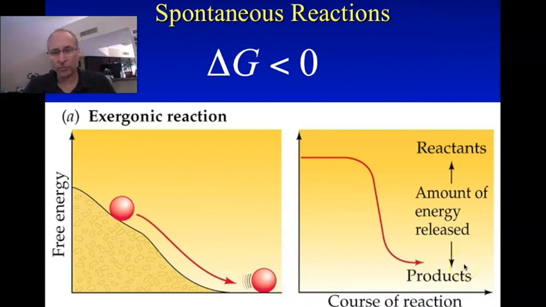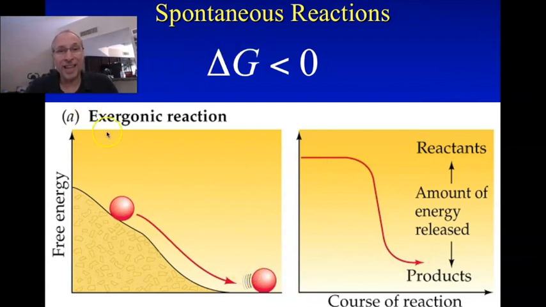Okay, so now we measure free energy the same way we always do: the free energy of the system at the end of the reaction minus the free energy of the system at the beginning. Well, this is a smaller number at the end than it is at the beginning. Therefore, this free energy minus this is going to be a negative number. So therefore, the delta G is negative. Like I said, it's therefore spontaneous, which means sugar will break down into carbon dioxide and water spontaneously, just like a ball rolled down a hill spontaneously.